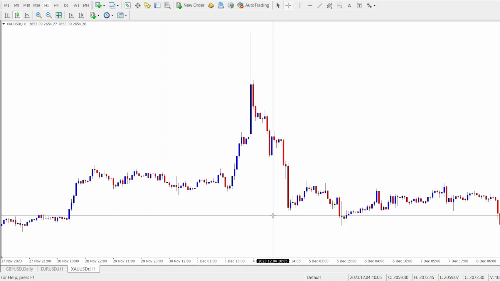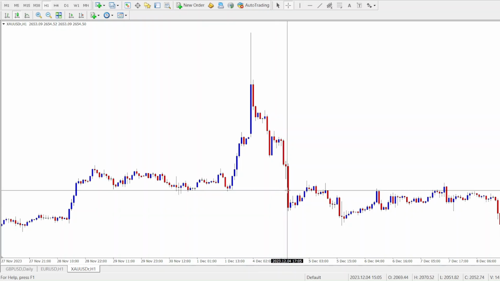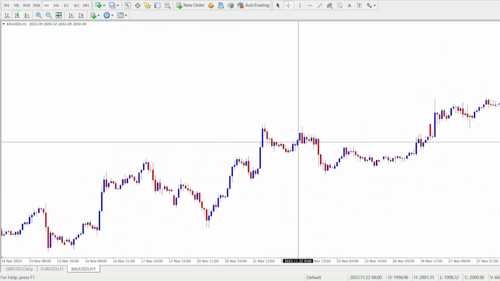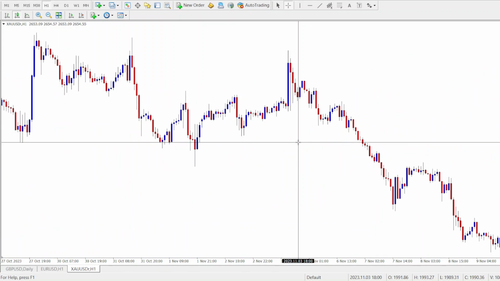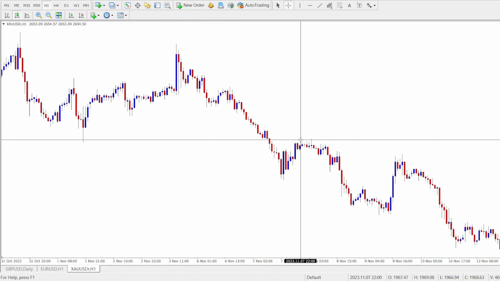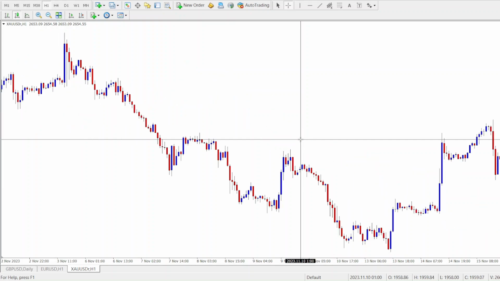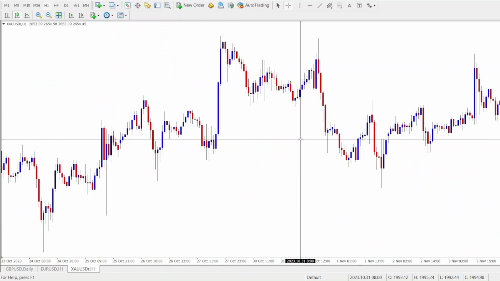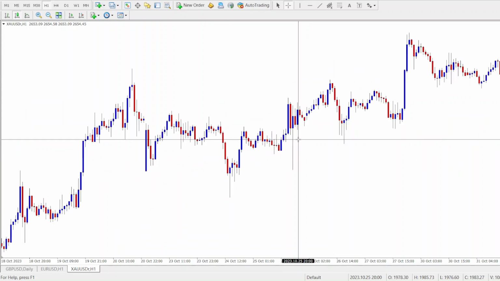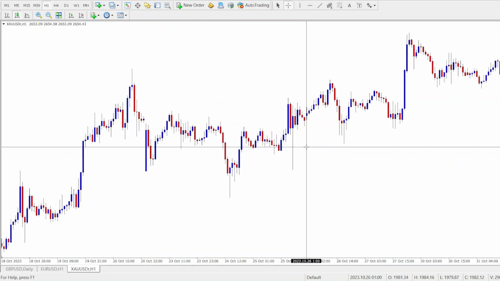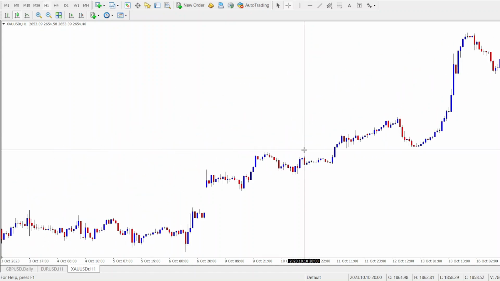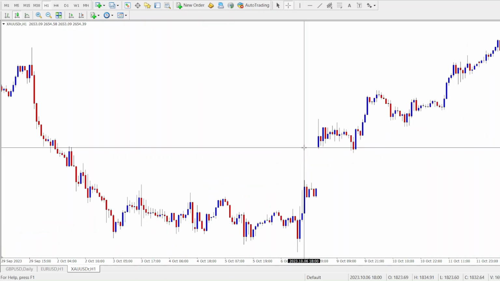And then the third candle that concludes the pattern is a large bullish candle. Usually it occurs after a downward movement, because it's signaling a bullish reversal. So it always occurs after a downtrend or after a downward move.